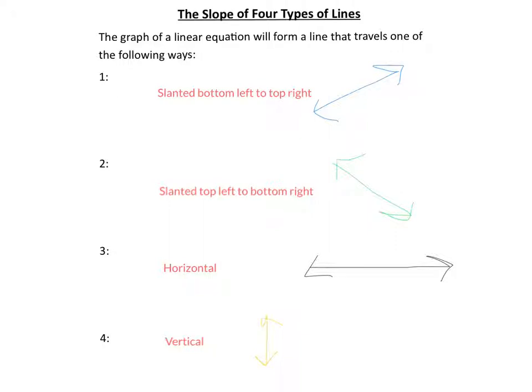So these are the four ways that a line is going to travel on the graph. Again, the steepness isn't always going to be the same for 1 and 2, but you'll be somewhere in the bottom left up to the top right, and somewhere in the top left to the bottom right, or it's flat out horizontal somewhere or vertical somewhere.